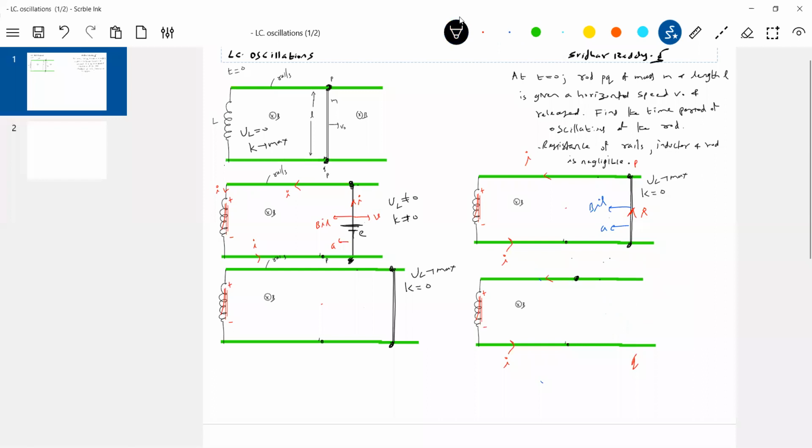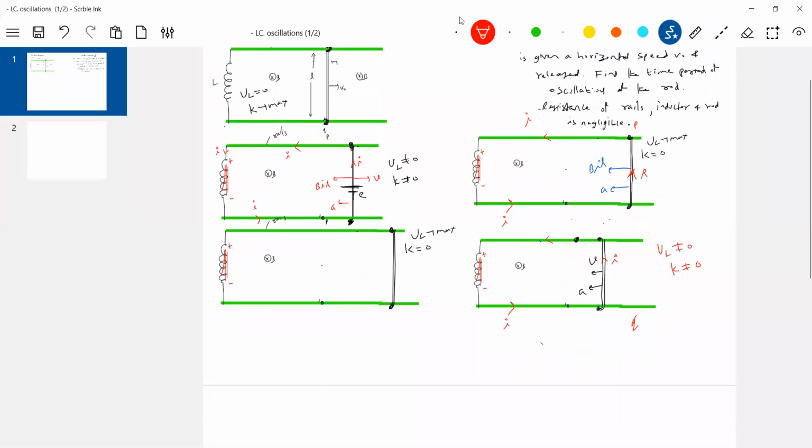Anywhere in between also, condition-based questions can be asked here. So the rod will have velocity V and acceleration, and the current will still flow like this. UL will be non-zero, K will be non-zero. Finally, it will return back to the initial position.